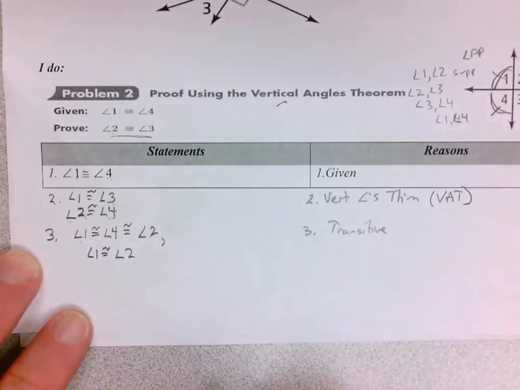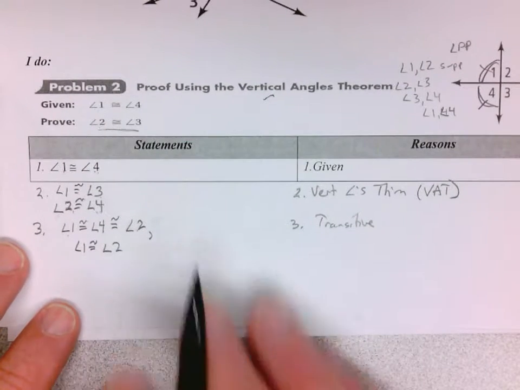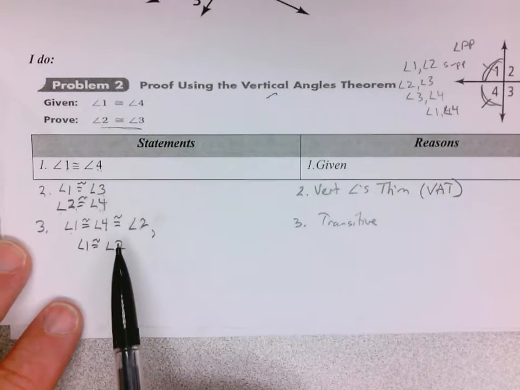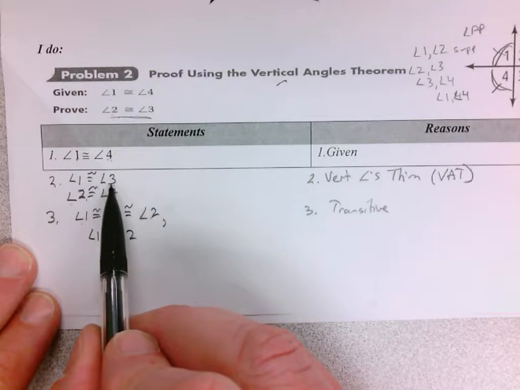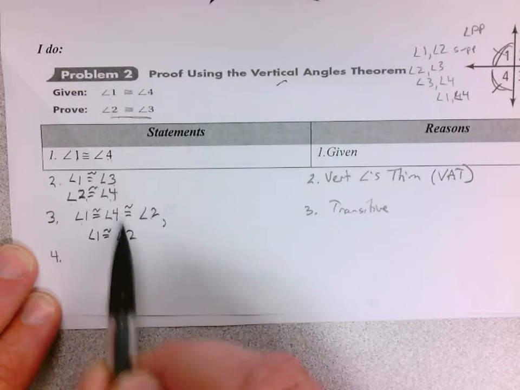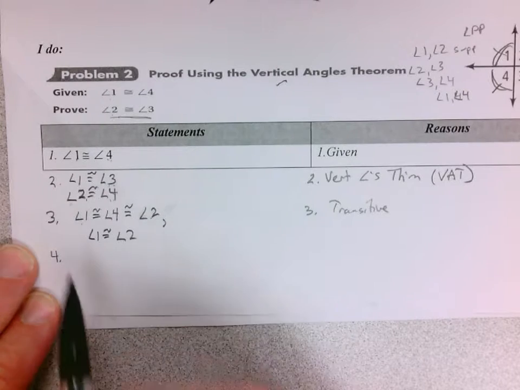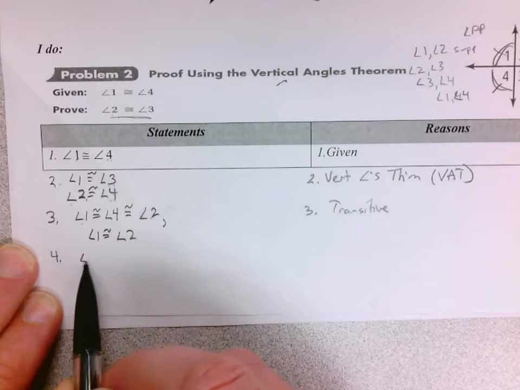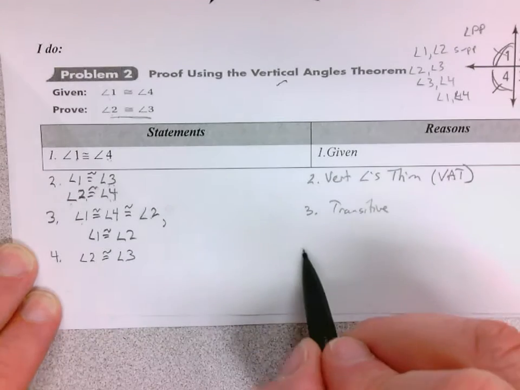So angle 1 and angle 2 are congruent. I need to show that angle 2 and angle 3 are congruent. Well, if angle 1 is congruent to angle 2, and angle 1 is congruent to angle 3, I could substitute angle 2 for angle 3 and have my statement.